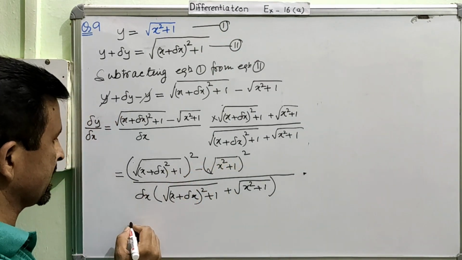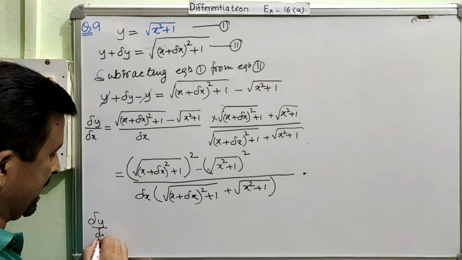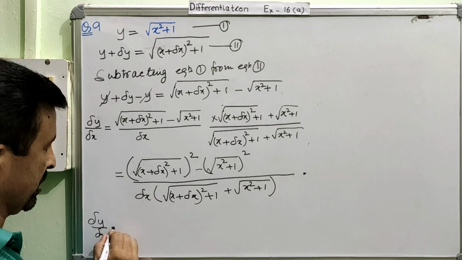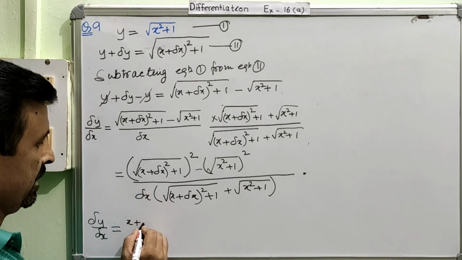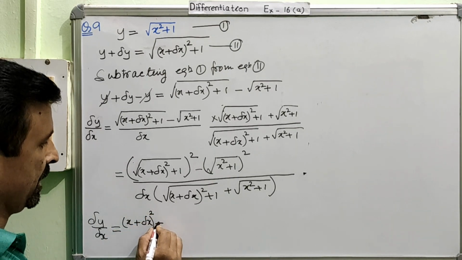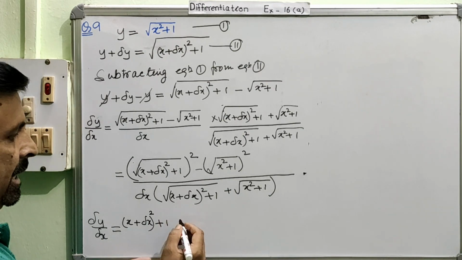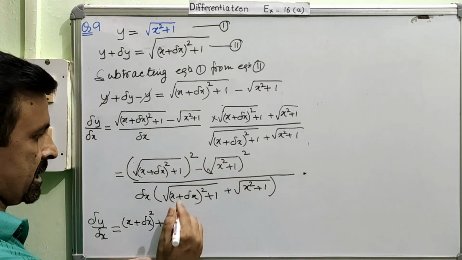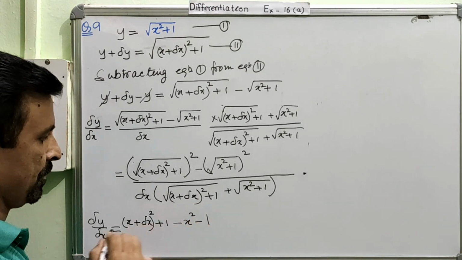Okay. So the next step will be, the left hand side is delta y over delta x is equal to, this is now x plus delta x whole square plus 1, and then minus this, minus x square and minus 1.